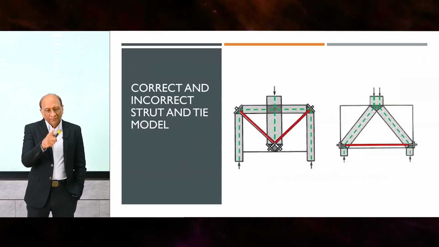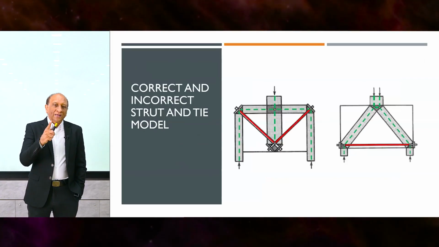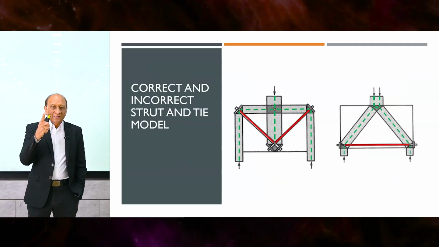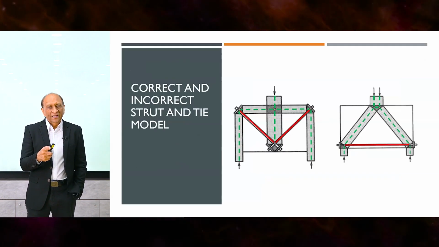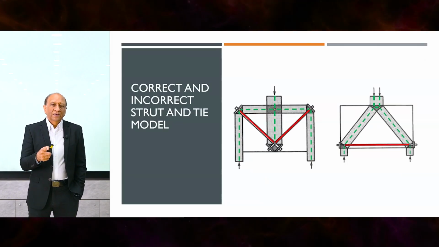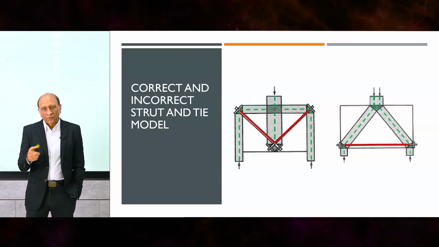Then there is a correct and incorrect strut and tie model. For example, the one on the left is also possible. You can tie the load up and carry it down, but it's just not the way the concrete will want to behave. Concrete will want to behave based on the one on the right, which is the compression down and tension at the bottom.